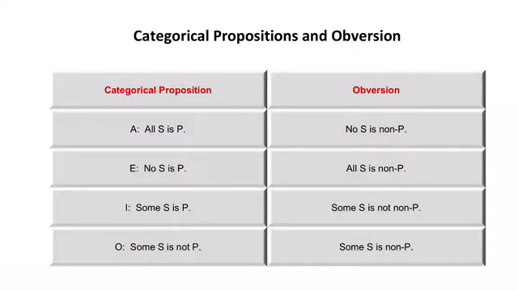So once again, here's a little chart for us. All right, so we've got our categorical propositions in the left-hand column, and then we have their obversion in the right. So if the A proposition is all S is P, the obversion would be no S is non-P.